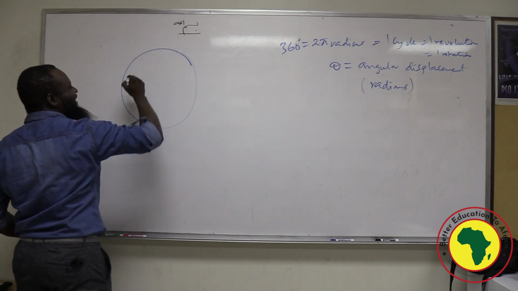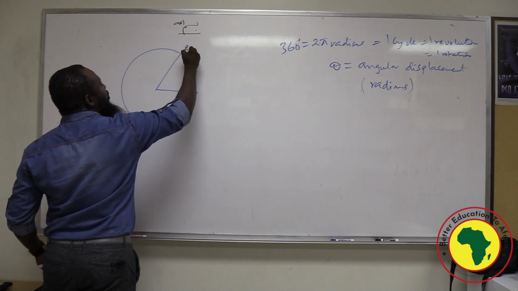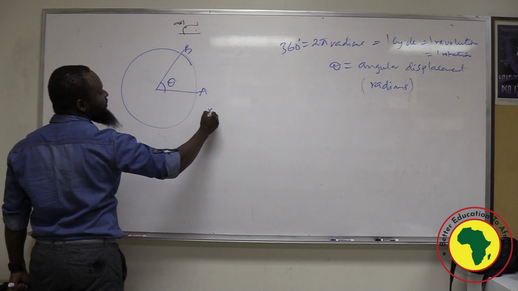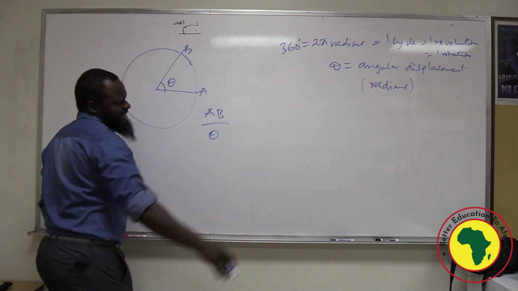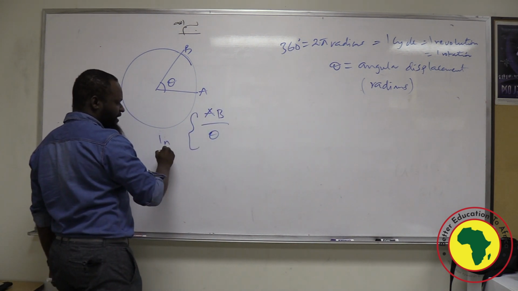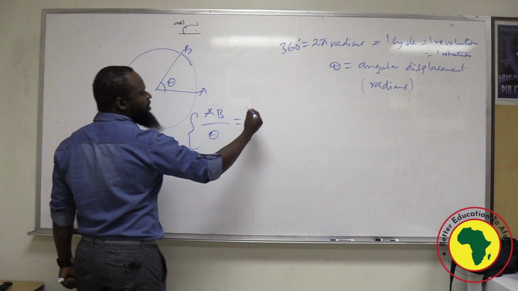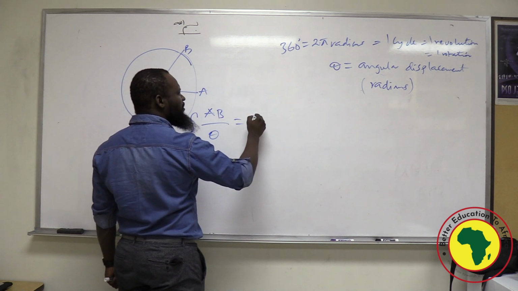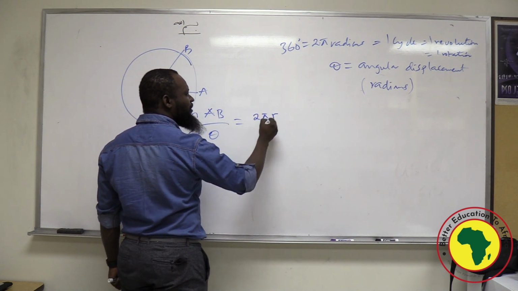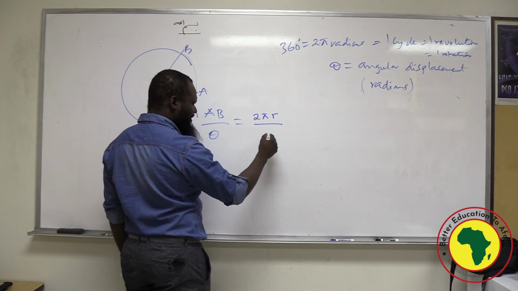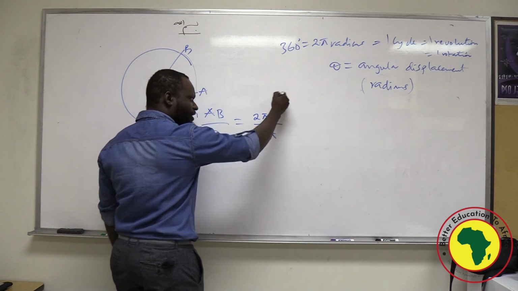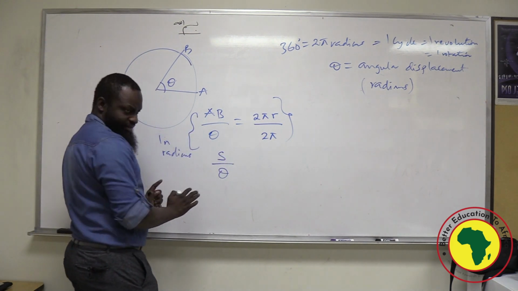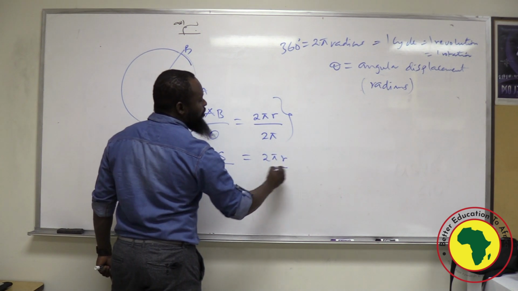So I have the circle again. I have my AB. Now I'm going to work all in radians. AB is not R now, it's just any AB, S, and theta is any theta, all in radians. 2 pi R divided by 360 degrees is just 2 pi radians, so any S over any theta in radians is 2 pi R over 2 pi.